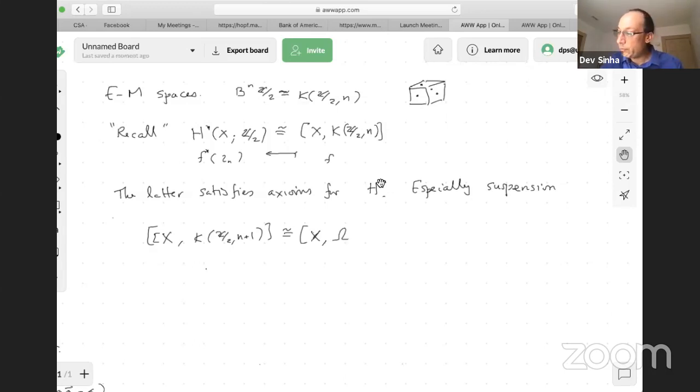And I get this as loops, K(Z/2, n+1). And then I claim this is going to be X into K(Z/2, n), because in general loops BG is equivalent to G, and we can show that just by, let's see.